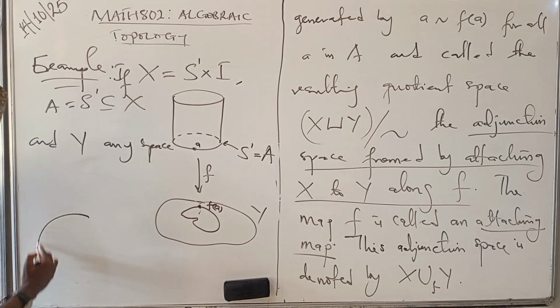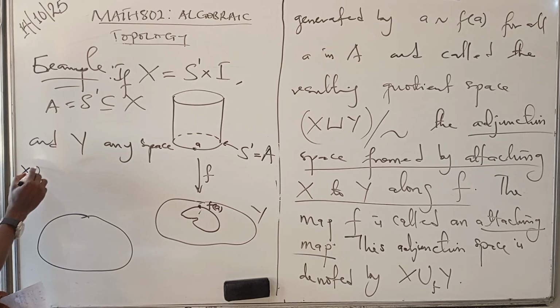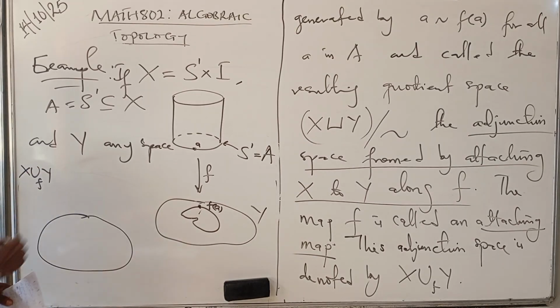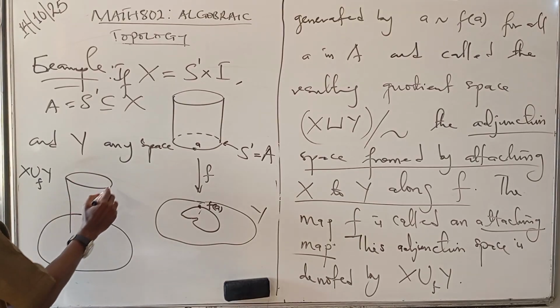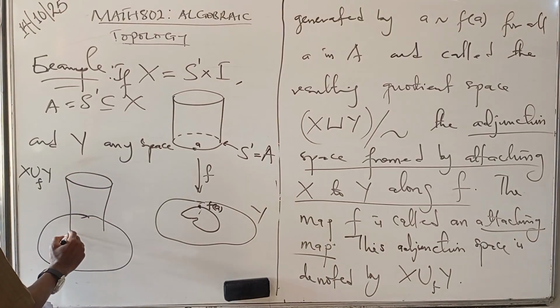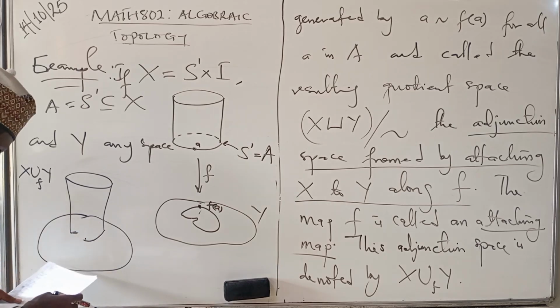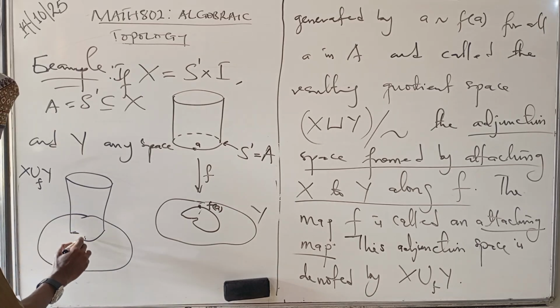And so the resulting space, the adjunction space X glued to Y along f, will be something like this.